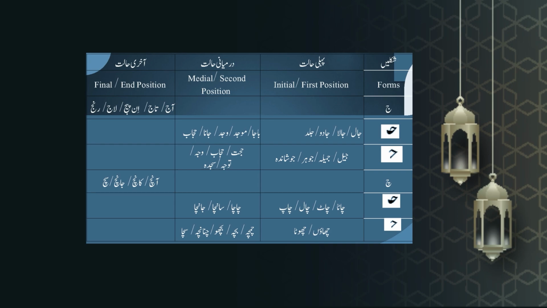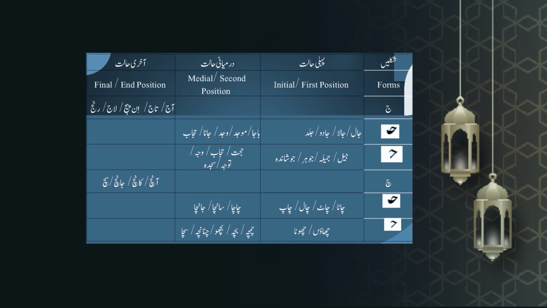And we will see how they work. We'll take the example of Jim in initial position. पहली हालत में हम जीम का देखेंगे. मसलन हमारे पास लफ्ज़ है जाल. We have a word जाल here. जाल. You can see the first short form.